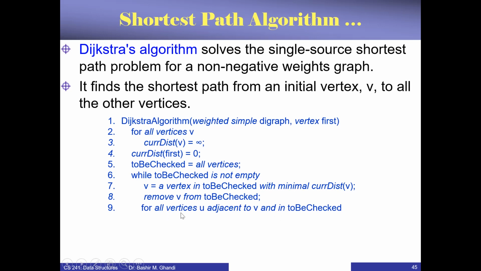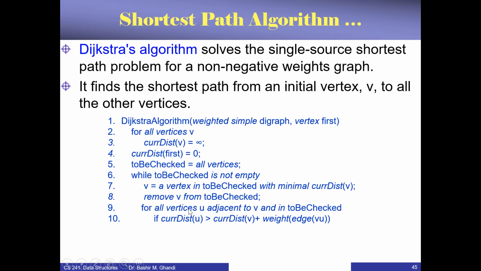So for all vertices U adjacent to V that are inside to be checked, you compute the distance from U to that vertex plus the current distance of reaching V, which you have just finalized.